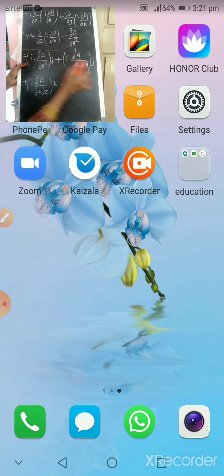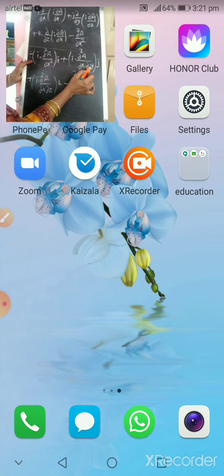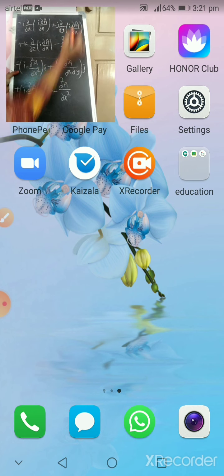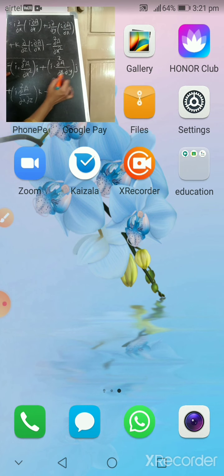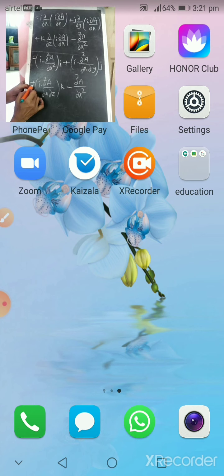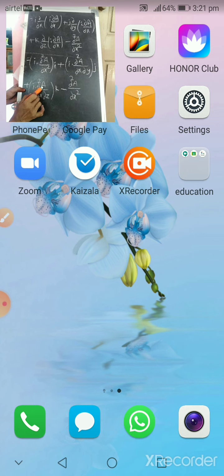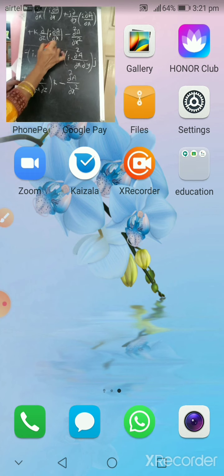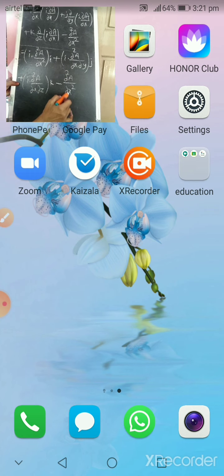Next plus here j is outside and ∂/∂y is outside. So remaining i dot ∂A/∂x. Similarly here k is outside and ∂/∂z is outside. Remaining here ∂A/∂x. So i ∂A/∂x minus ∂²A/∂x².